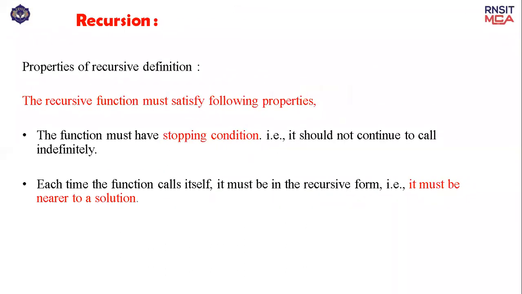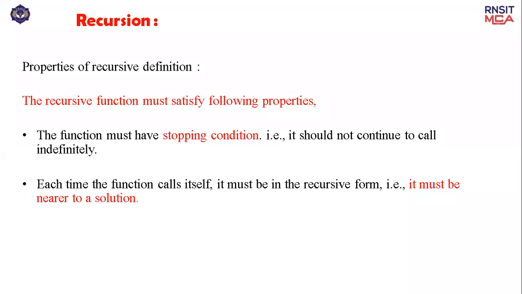And as I said, a recursive function should follow two properties. The first property is that the function must have a stopping condition. That is, it should not continue to call indefinitely. There should be some condition for stopping.